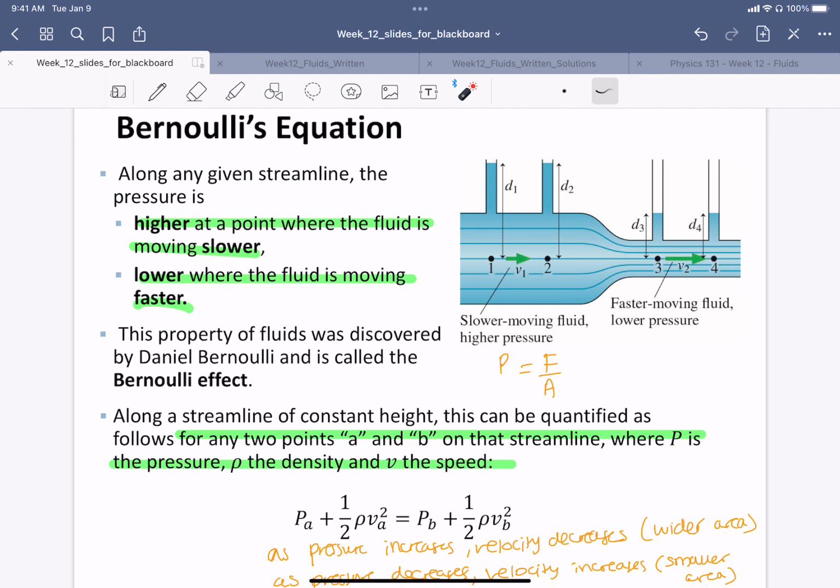So if I want to make the fluid move faster in these tighter areas, I'd have to apply some acceleration, which increases the force. Force goes up, and force over area means pressure goes up.